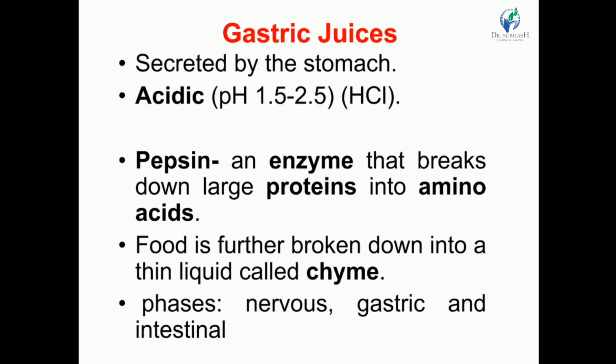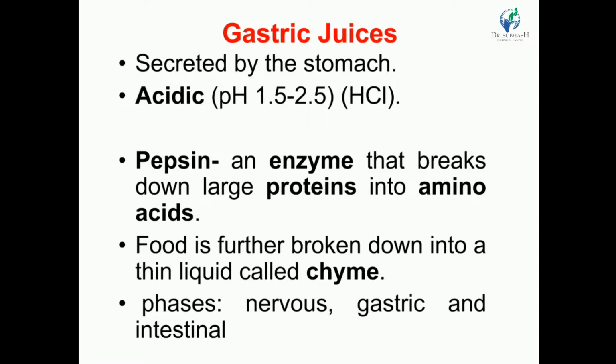We have discussed the vagus nerve during the first and second semesters, under cranial nerves, right? In the gastric and intestinal phases, chemical substances like histamine and gastrin act as stimuli for further absorption and breaking down of the food material.